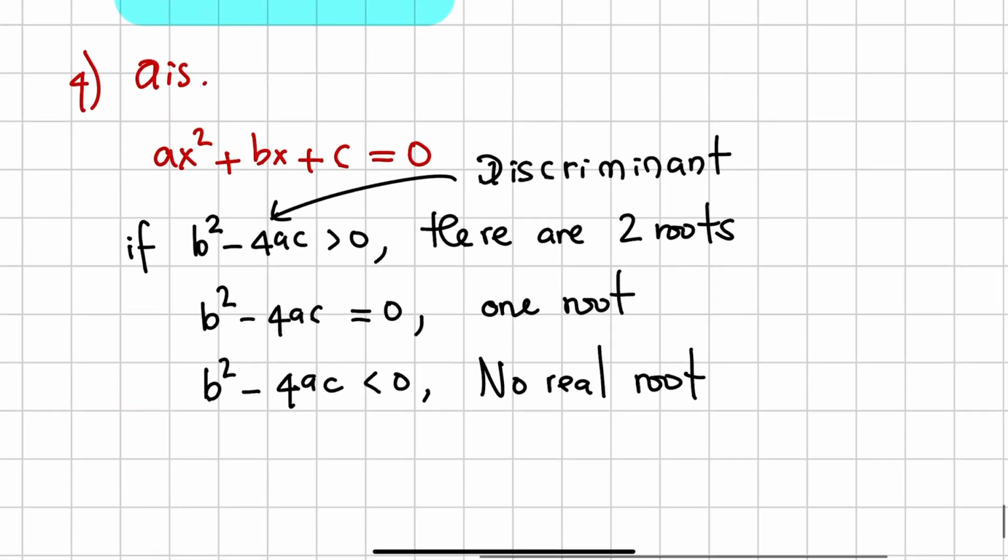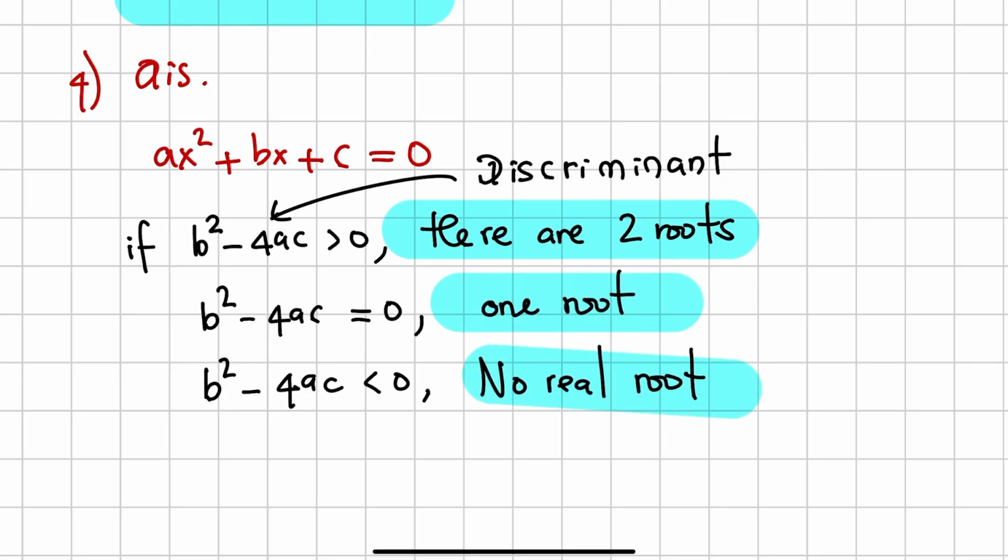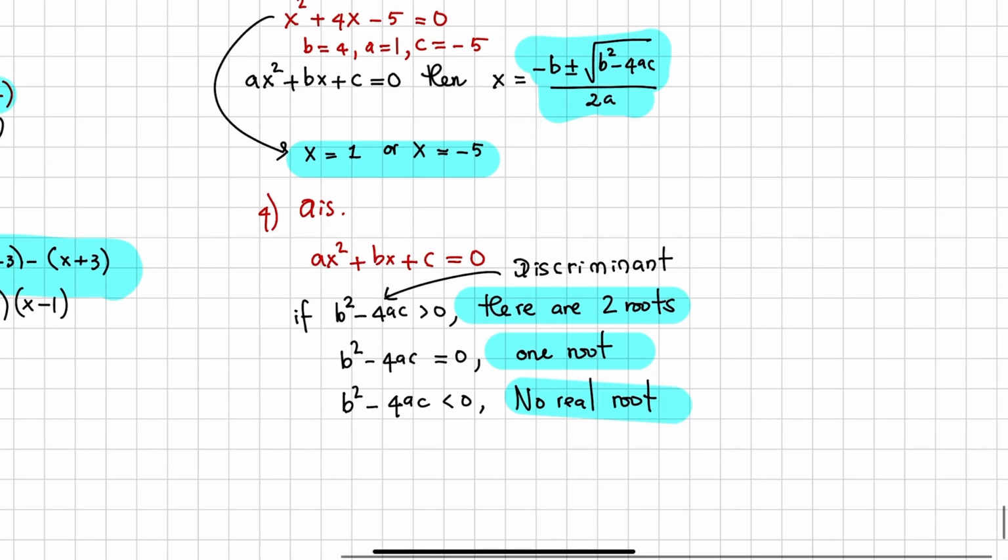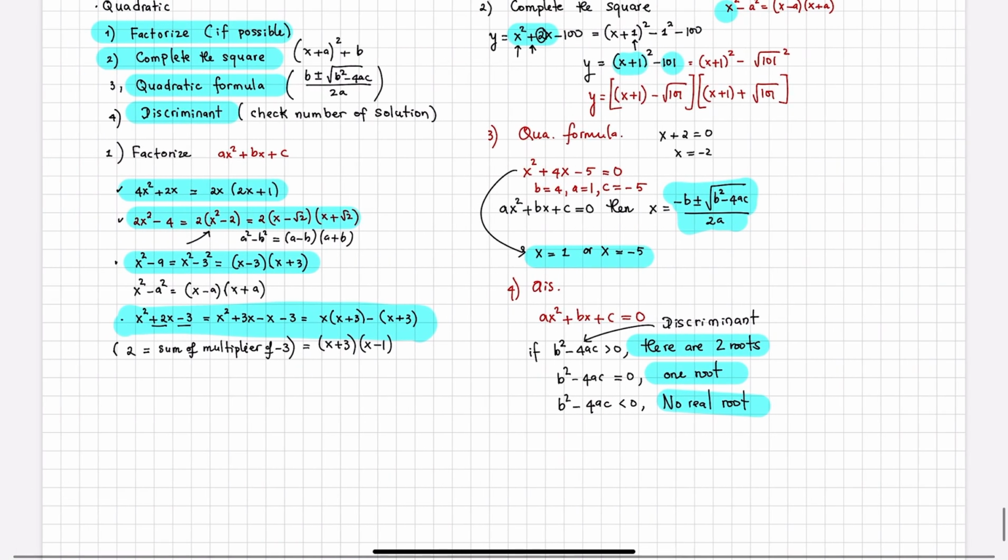When it's positive, there are two roots, both of them real roots, which means those roots are real numbers, any numbers. And with no real root, the roots will be complex numbers. That's it. You can search about complex numbers as well. So there are four main things that you're going to study about the quadratic.